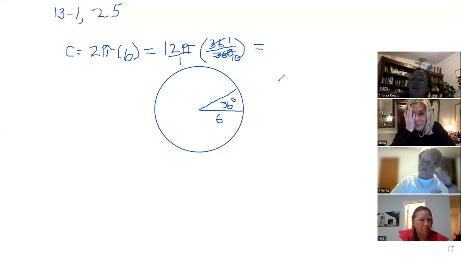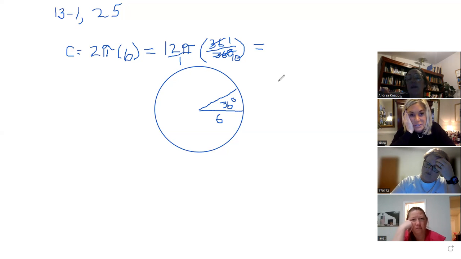If you're just doing half of the circle, wouldn't you just cut it in half, divide by 2? Okay, yes. Well, that's the same as 180 over 360. That's your half. But this time, instead of having a half a circle, it's only 36 degrees out of the 360. Okay, got it.